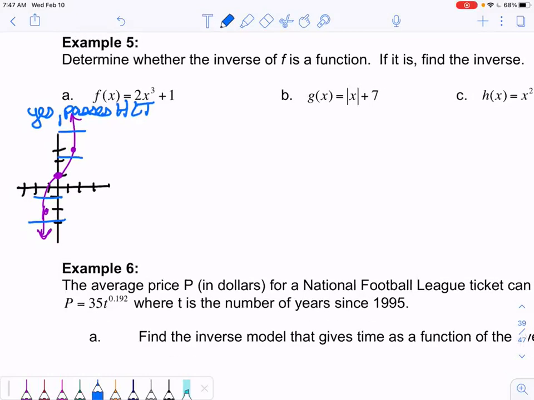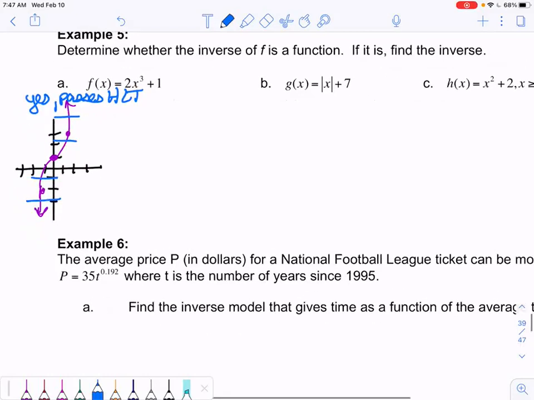The next part says, if it is, find the inverse. So now that we know the inverse will be a function, we are going to find the inverse. So to find the inverse, we make it y equals. We switch x and y. And then get y by itself.